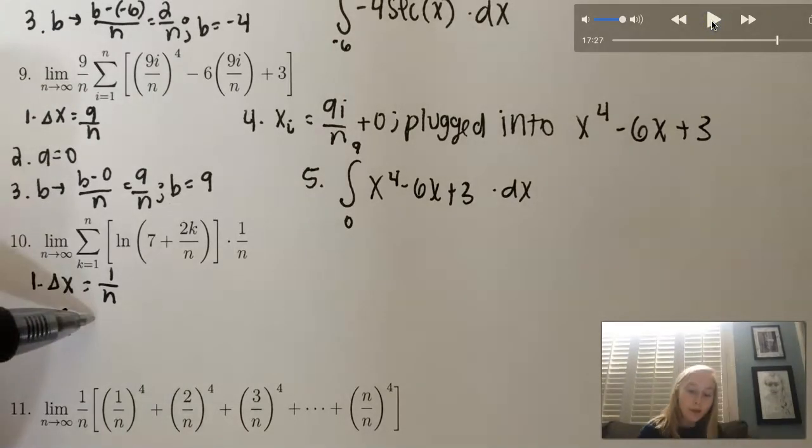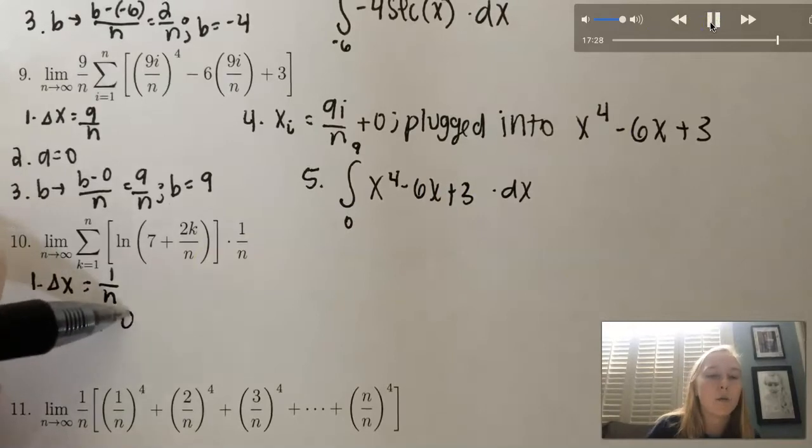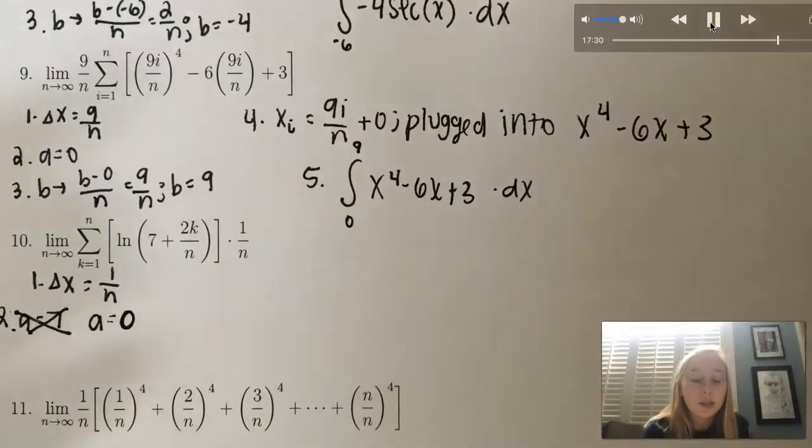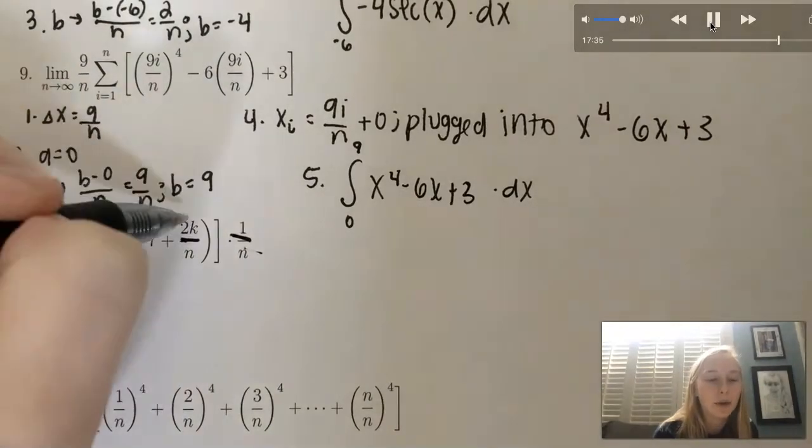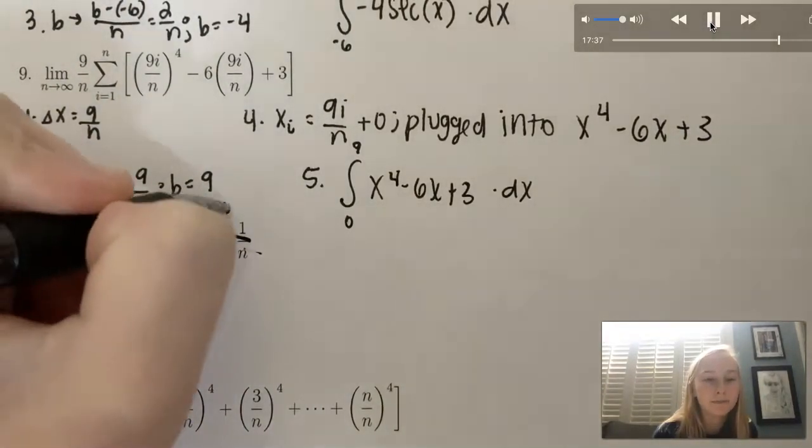And here's why. So as you wrote down, delta x is 1 over n, but if you look at what that 7 is attached to, it's 2k over n, so that is not delta x. So we have to identify what, and it turns out that a is actually 0, and I'm going to explain that in just a second. I think I'll write something out to help simplify it.